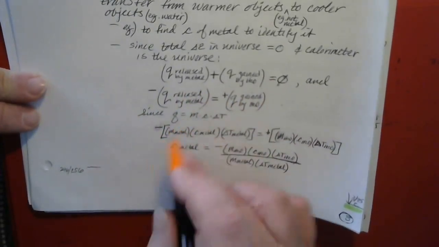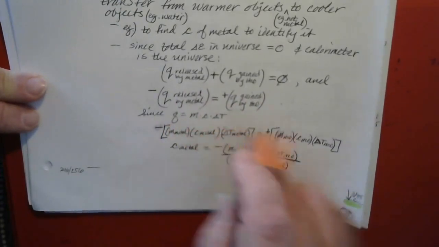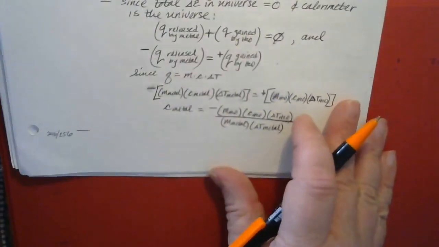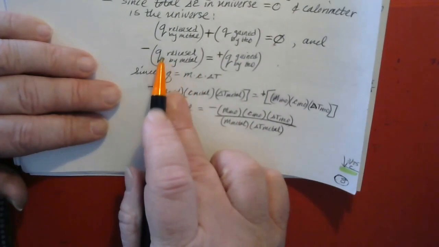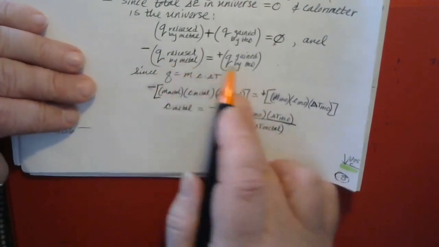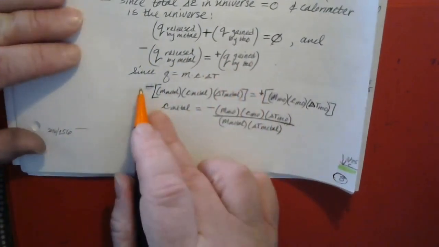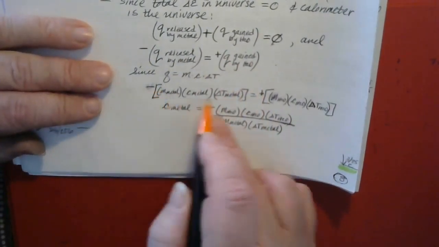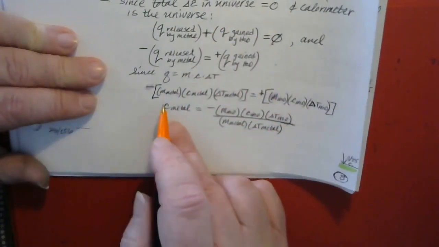Since Q, that is heat, is mass times specific heat times change in temperature, mc delta T, we can equalize these two sides here. We know that the negative of the Q released by the metal is equal to the positive of the Q gained by the water. So negative mc delta T for the metal equals positive mc delta T for the water.